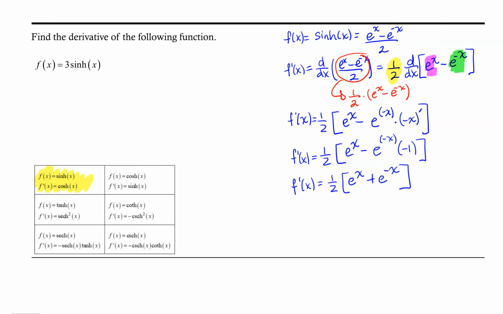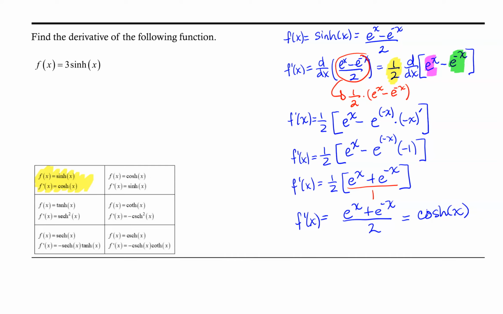And now I can go ahead and multiply my 1/2 back through. I can think of this e to the x plus e to the negative x as being over 1, in which case f prime of x is e to the x plus e to the negative x over 2, which is the definition for cosh of x. So we should be convinced at this point that the derivative of sinh is in fact cosh.